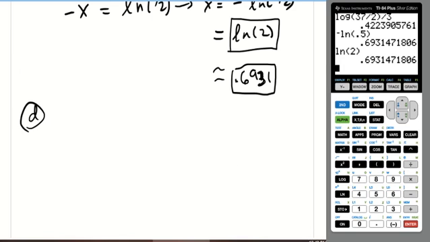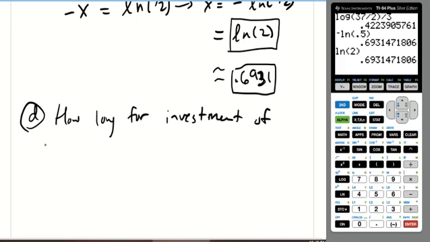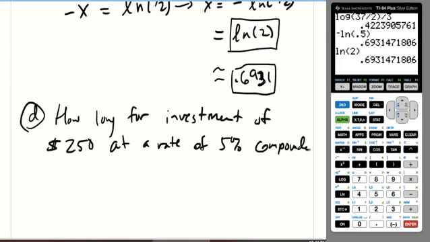So I could rewrite this question as, how long for an investment of $250 at a rate of 5% compounded monthly to reach $10,000. Should be a long time, actually.